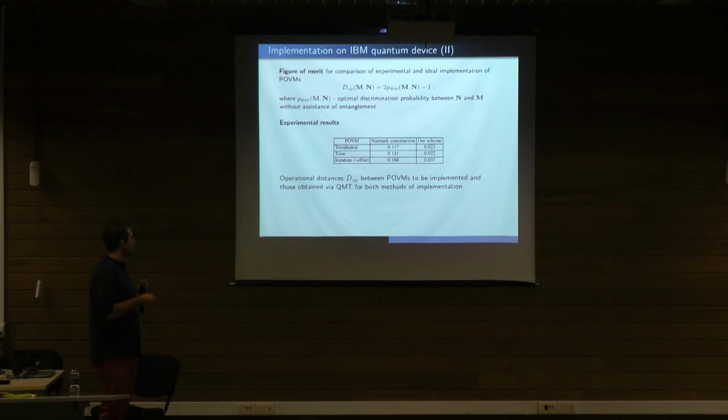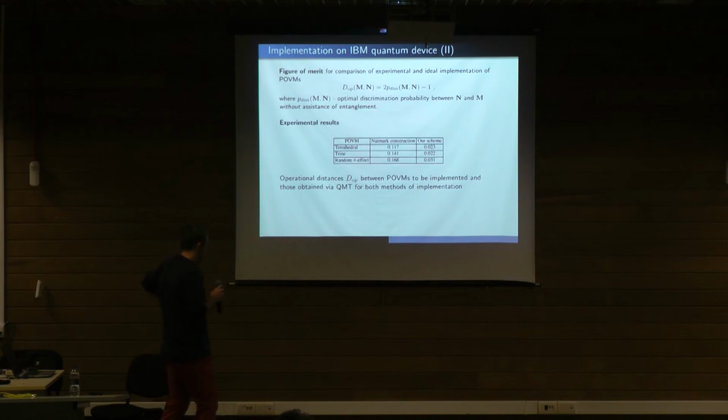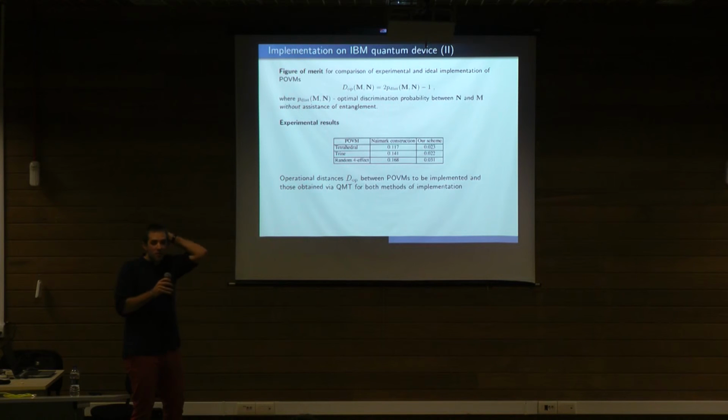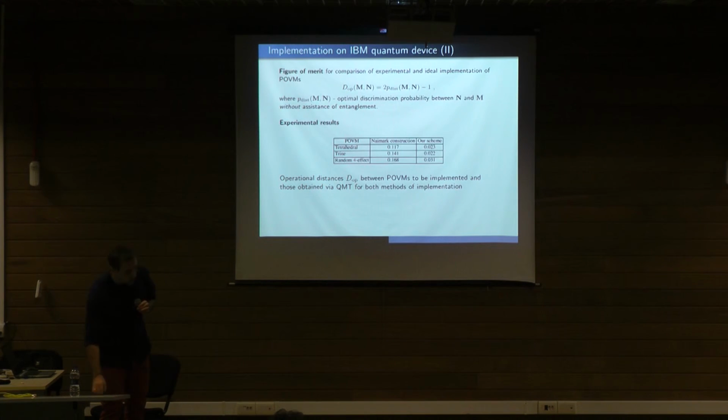For this figure of merit, we saw that, probably due to noise involved in non-local operations there, the quality of our scheme is better for various classes of measurements. But this is just an illustration.